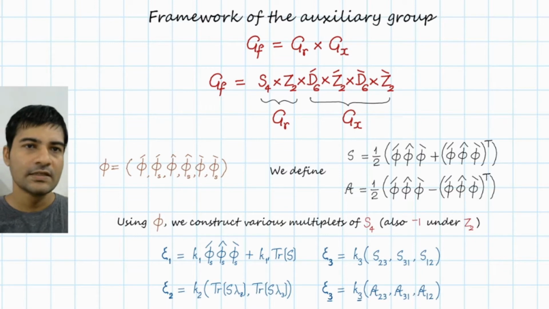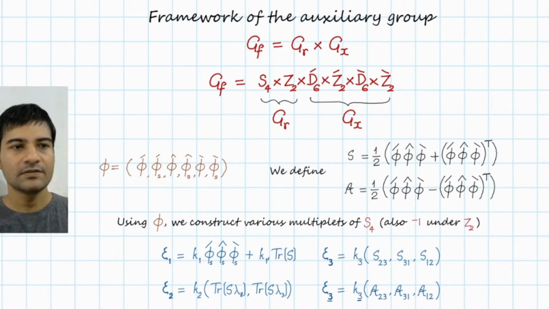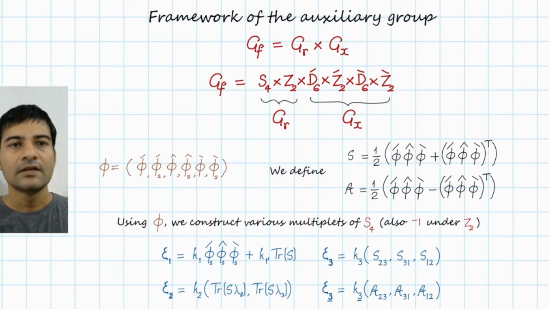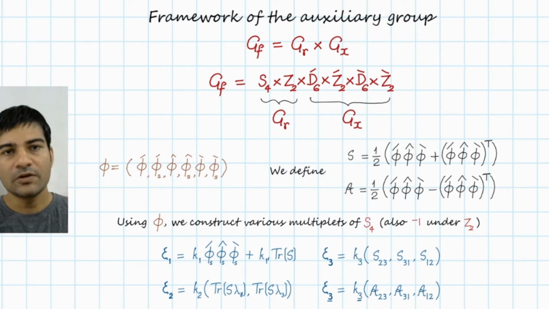With these, we obtain the effective fields. They are given here. These are the multiplets of S4, which are also assumed to transform non-trivially under Z2. As you can see here, we need at least cubic order products to construct them.